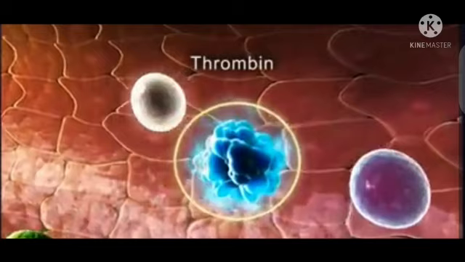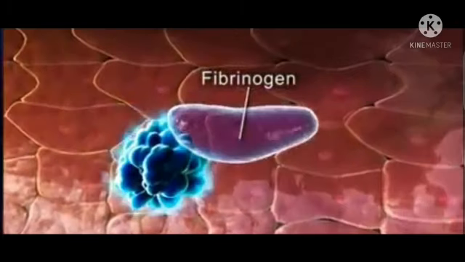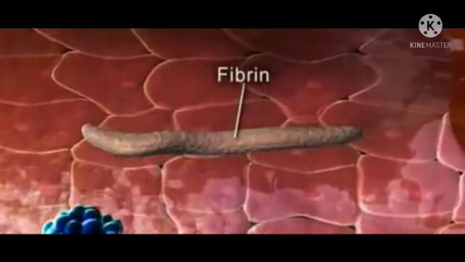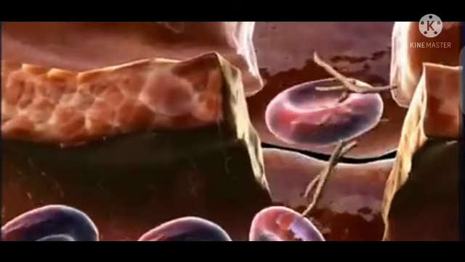This thrombin acts on another substance called fibrinogen. This fibrinogen is present in the blood in dissolved state. Here thrombin converts the fibrinogen into insoluble fibrin. These fibrins are thread-like structures.